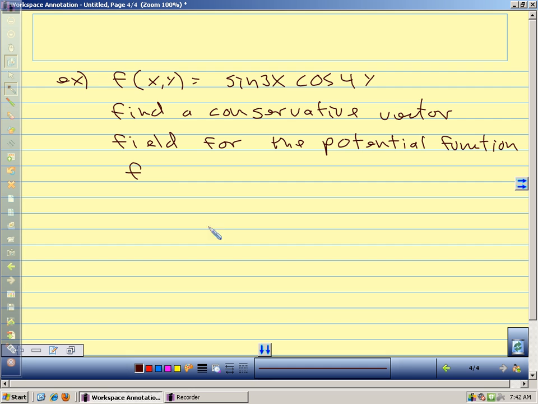Our conservative vector field, vector F of x, y, is just going to be del f.